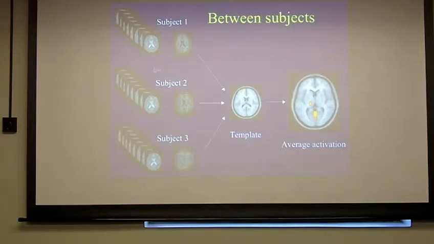The individual warp is applied to functional images, and then everyone's functional image is put into template space, and then you get this statistical parametric map. That's the gist of how spatial registration normalization is used in fMRI.